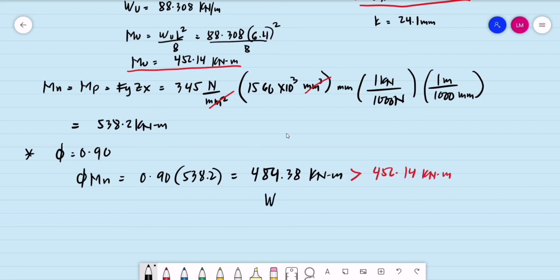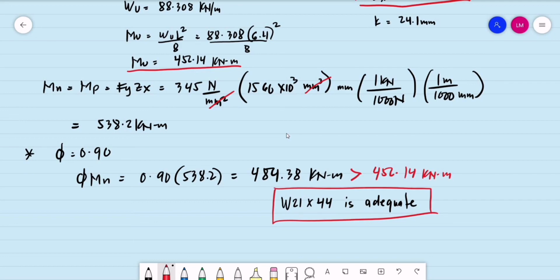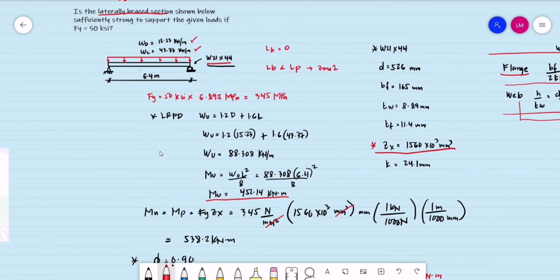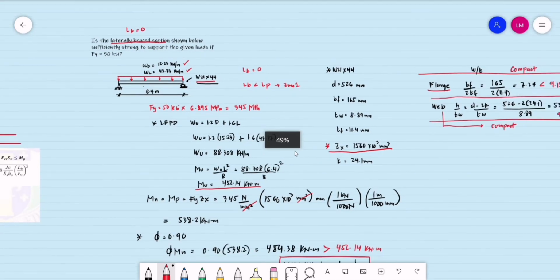Yes, so we can say that the W21 by 44 is adequate when it comes to bending moment capacity. This will be our answer. W21 by 44 is adequate. This is our solution for this example.